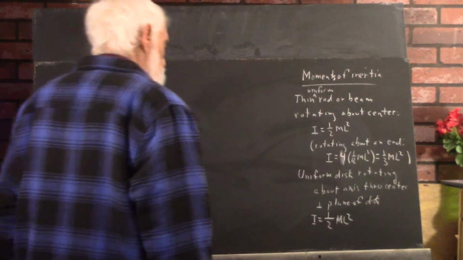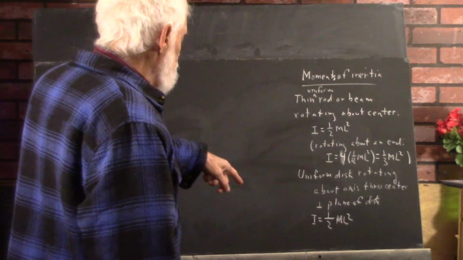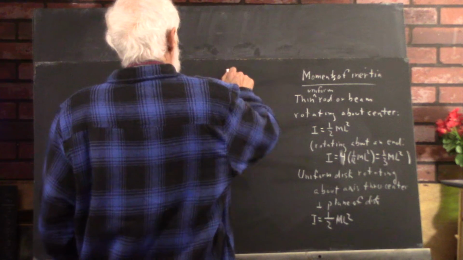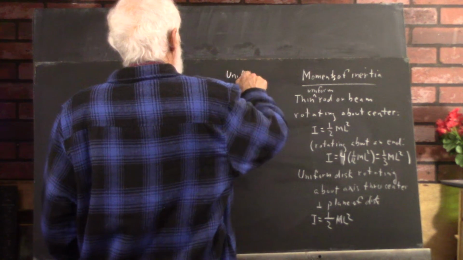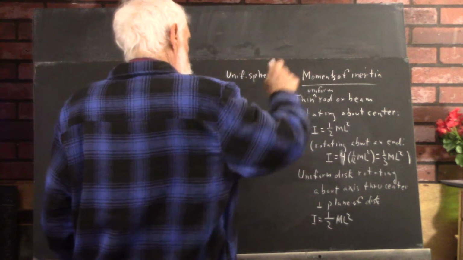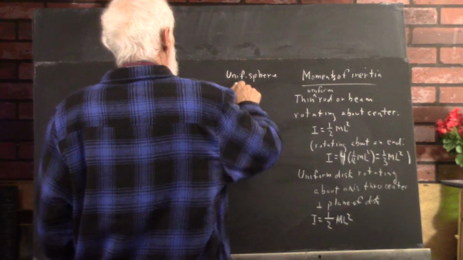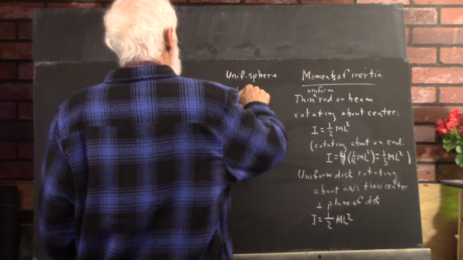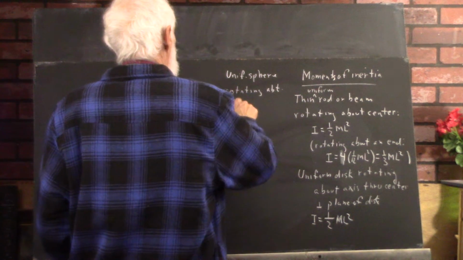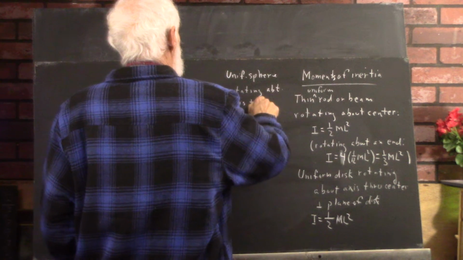That's a really bad M, but you should understand what it means. Okay? A uniform sphere rotating about an axis through the center.